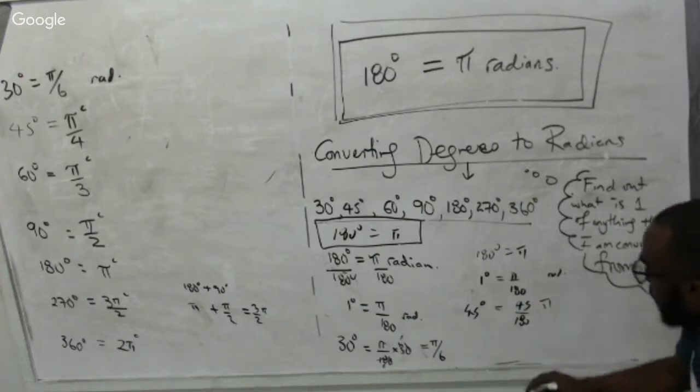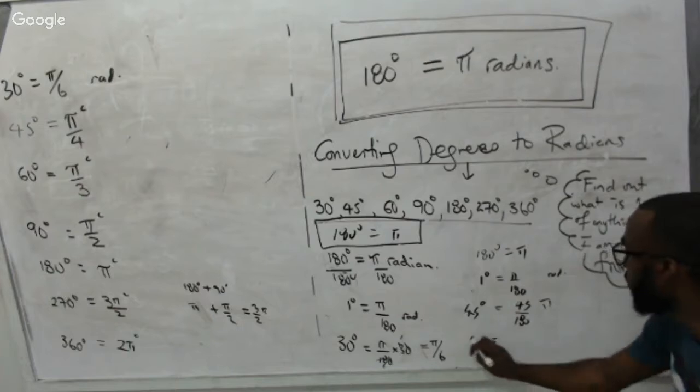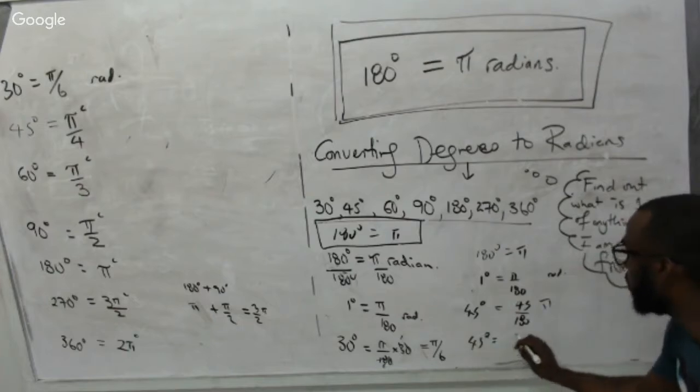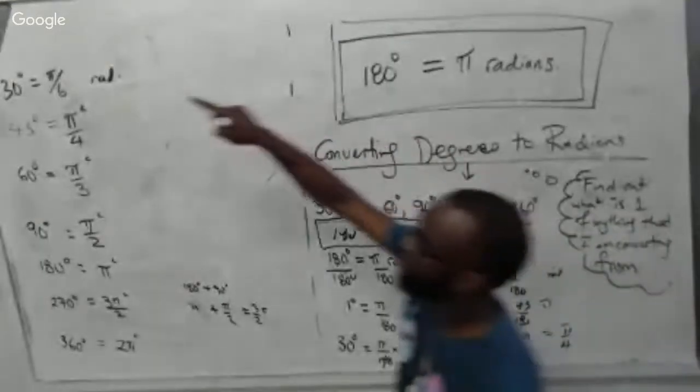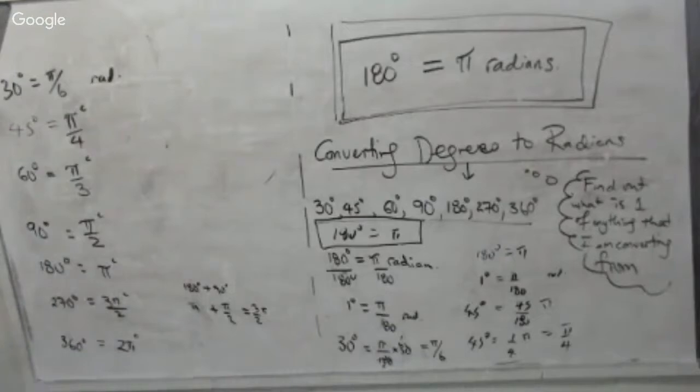So I would have gotten 45 degrees equals 1 upon 4 pi, which is pi upon 4. And that is what I wrote. I've gone through a similar process for homework to confirm all of these.